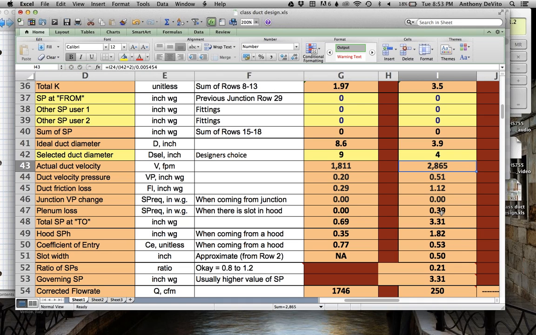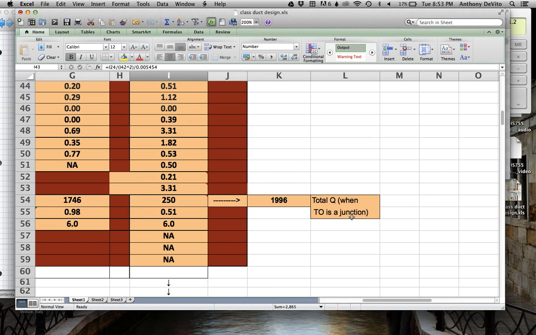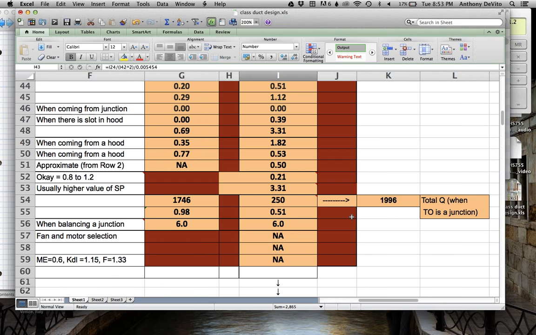But a 4-inch duct is only a 3-inch static pressure drop. And you're very close. Think about 5,000 feet per minute. This thing would be whistling and vibrating like a banshee. So we don't want to get ridiculous with this. So I'm going to use 4 inches for that. Okay, so it's calculated all this stuff for us.